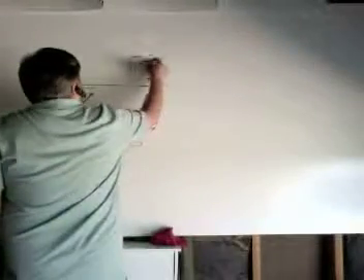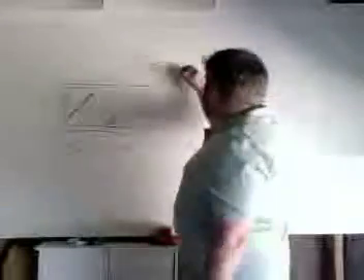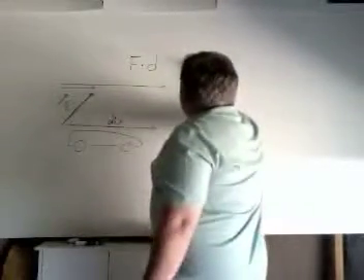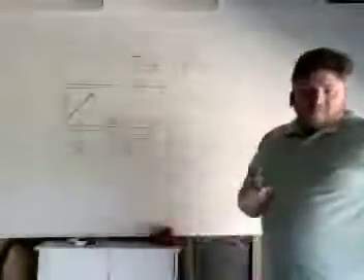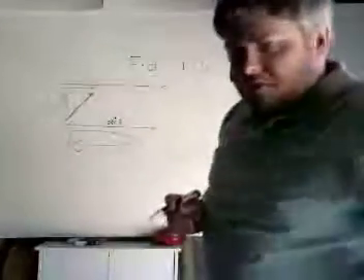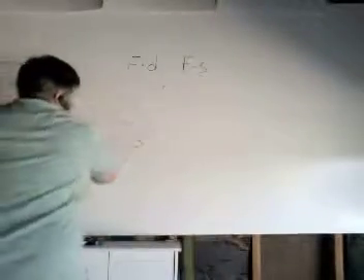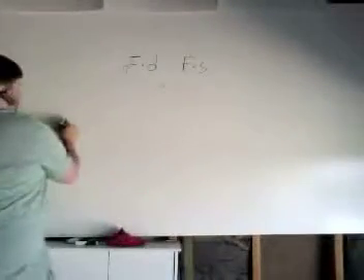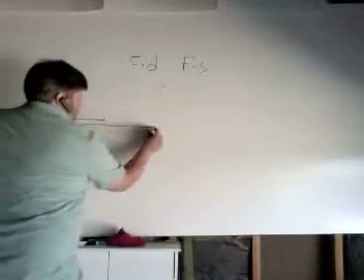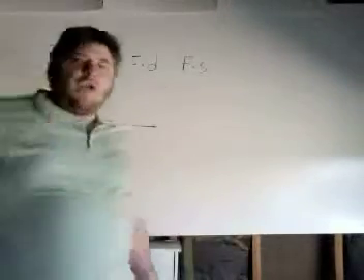So force dotted with displacement. Now, once again, for IB, that's force dotted with displacement. They use an S for displacement. Cool? Now, in an ideal situation, you're going in the same direction. But what if we weren't?